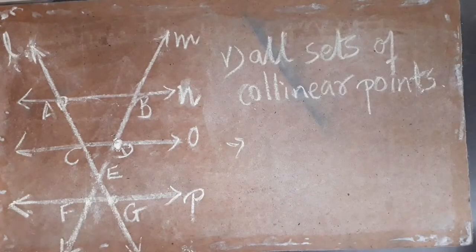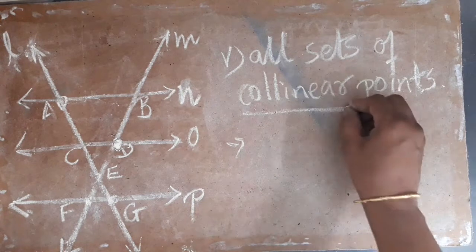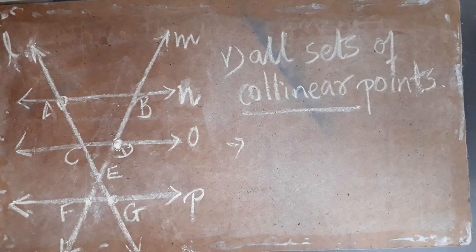Now see this question. You have to write the sets of collinear points. Collinear points means the points should be on the same line. Let us see one after the other. Moreover, you have to remember that 2 points are always on the same line, so you have to go for more than 2 points. If they are on the same line, then we will say that they are collinear points, otherwise not.